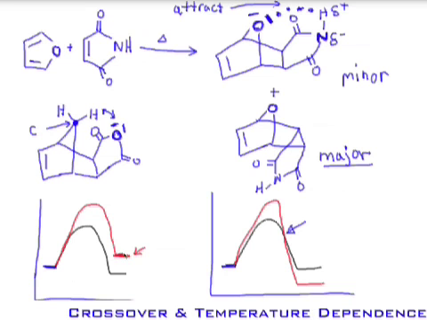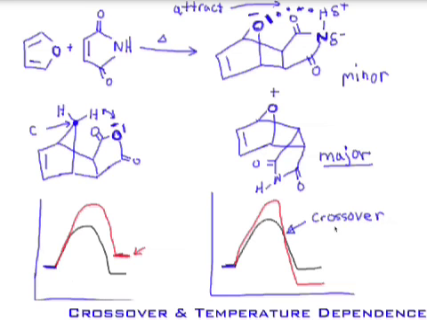Because the exo has been stabilized below the black, while the transition state energy has not changed, we see crossover. And what does crossover mean? In the potential energy diagram, it indicates the possibility of temperature dependence in the product.